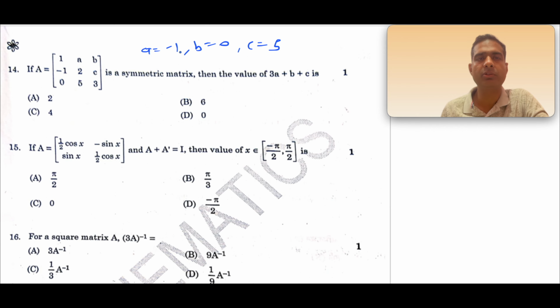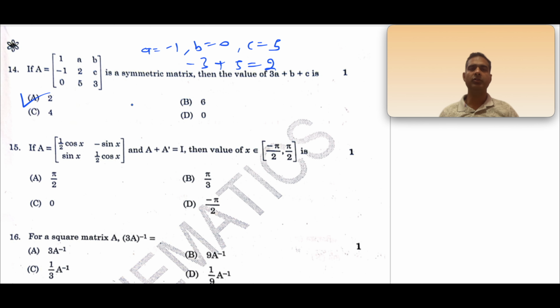So A should be equal to minus 1 and B will come in place of 0. So B should be equal to 0 and C will come in place of 5. So C should be equal to 5 and we have to find out the value of 3A plus B plus C. So 3A is minus 3, B is 0, so it doesn't matter, and C is 5, so minus 3 plus 5 is 2. So option A will be our answer.